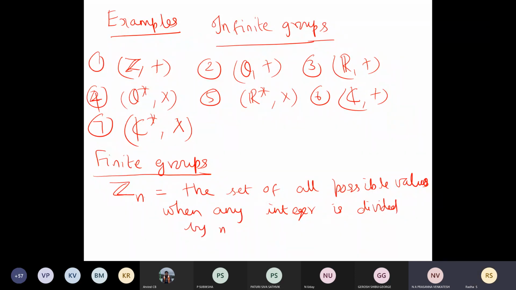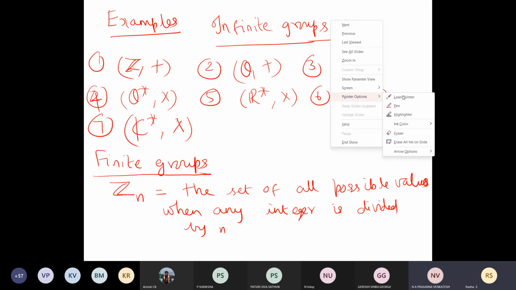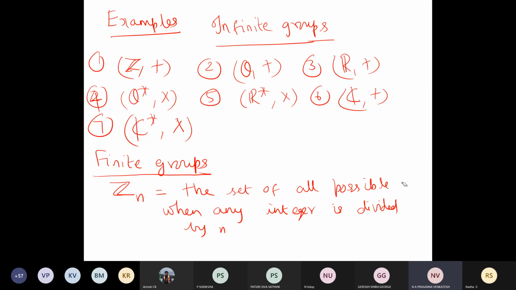You should write possible remainders. A set of all possible remainders when any integer is divided by n.